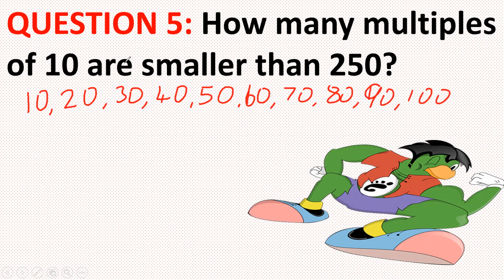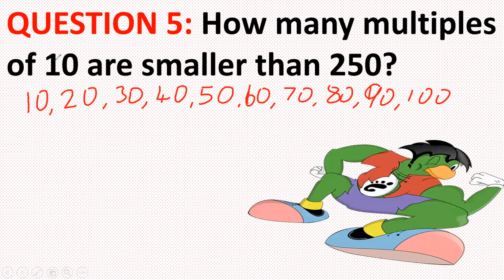Same process. We can write it down from 100 to 200, and from 200 to 250. We can carry on and write, but we have a very easy way, and I will tell you that.